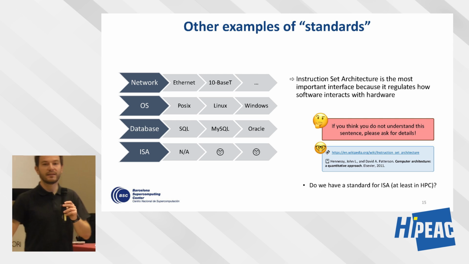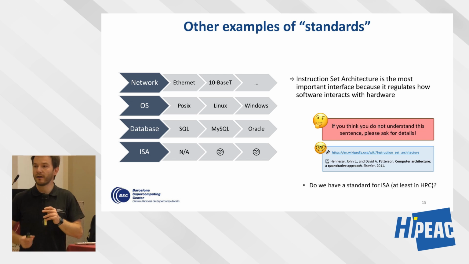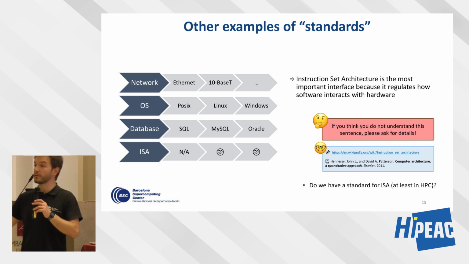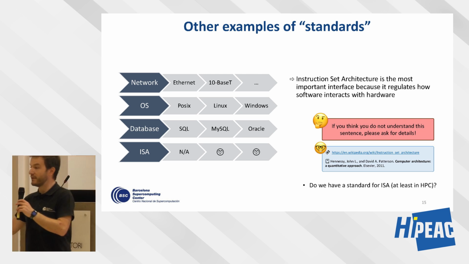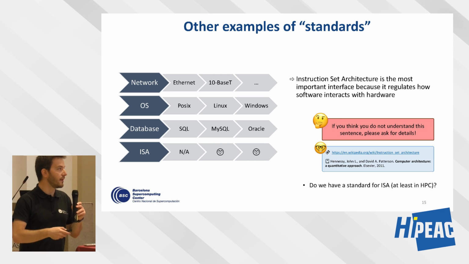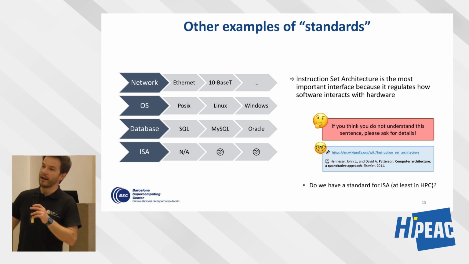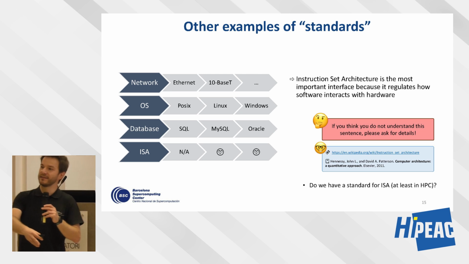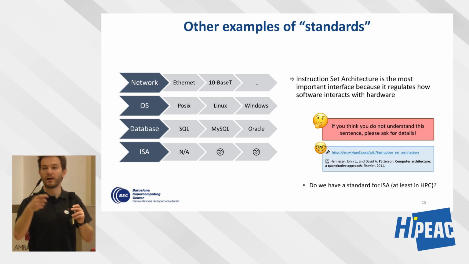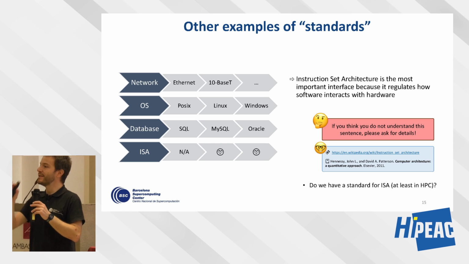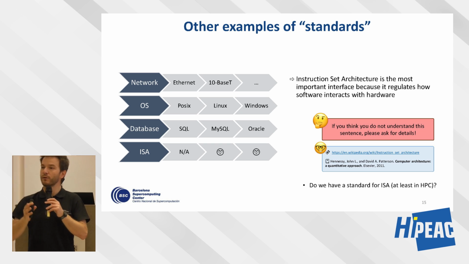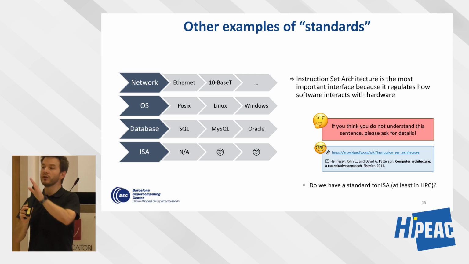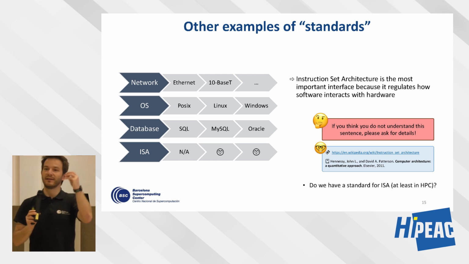In the operating system, you have the POSIX standard, you have Linux, which is the open source incarnation of the standard, and Windows. In the database, we have SQL, and then you have the incarnations: MySQL is the open one, Oracle has the closed one. I'm just giving you examples if you are in this world, that this idea is not new at all. The technology world is built on top of that.